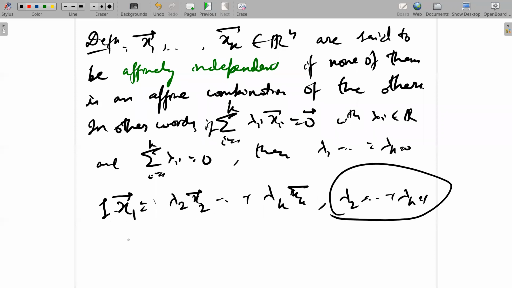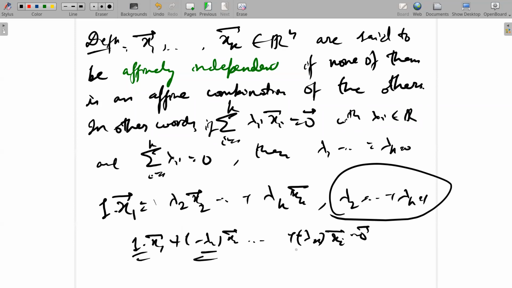If I move everything over, I'm effectively saying I can write this as 1 x1 minus lambda 2 x2 minus ... minus lambda k xk is 0. And the sum of these coefficients is in fact 0. That's why you don't see a 1 here, you in fact just see a 0. That is what affine independence means.